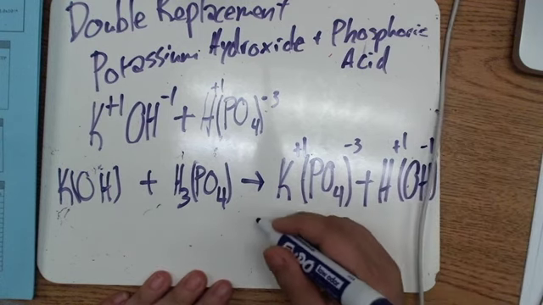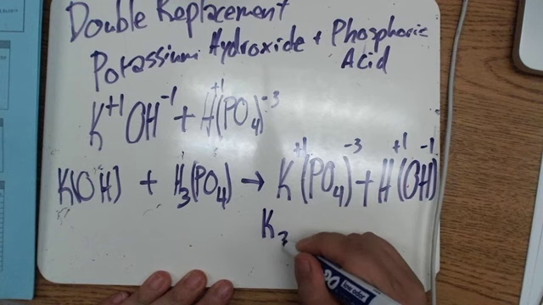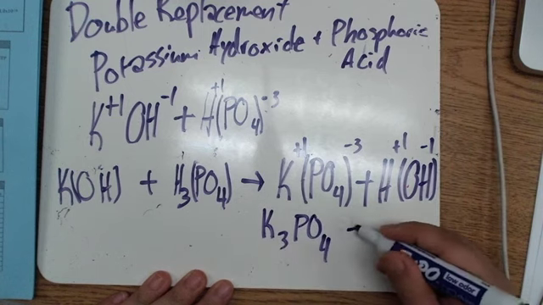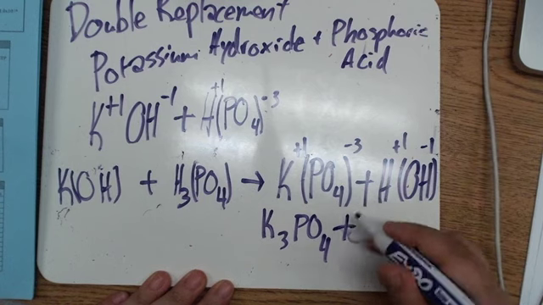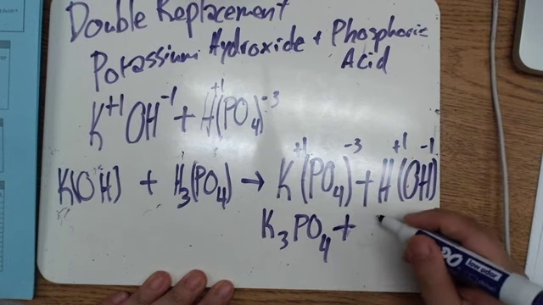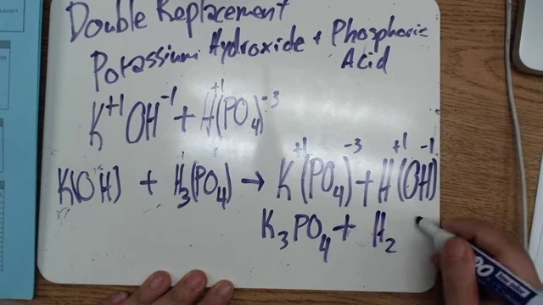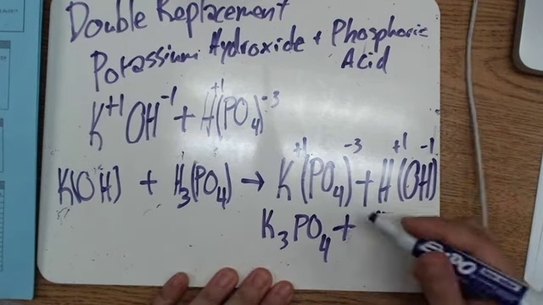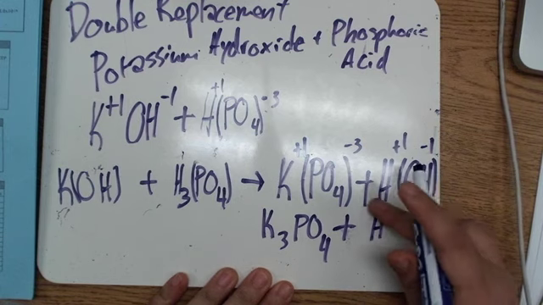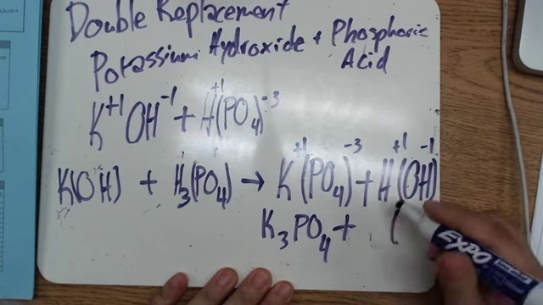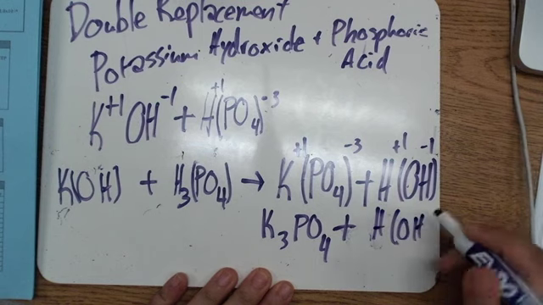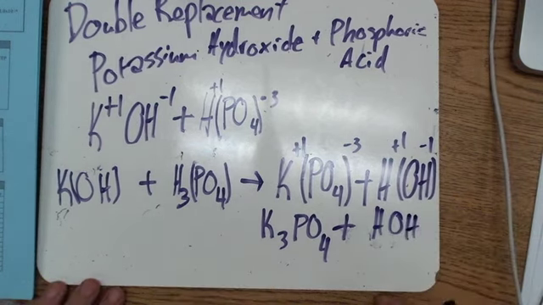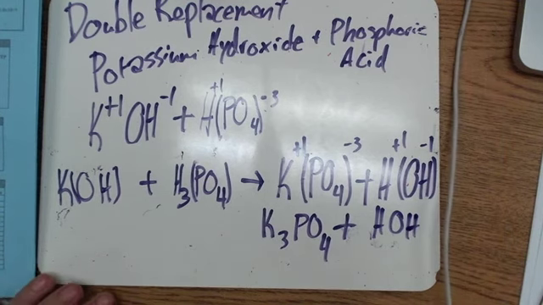So it's going to be K3PO4 plus, I'm going to say H2O because I find it easier to balance it that way. Actually, no, it won't. It's going to be HOH. Okay, here we go.